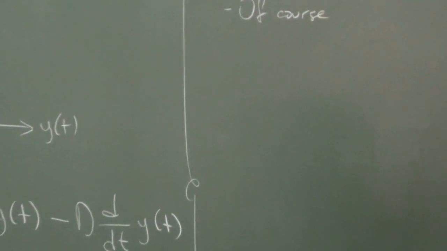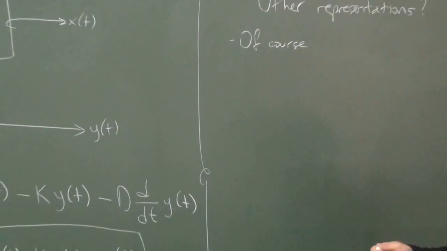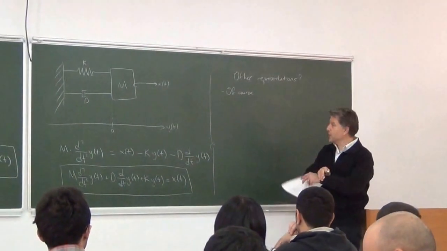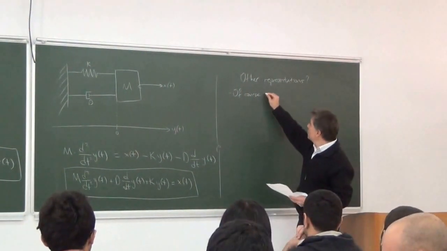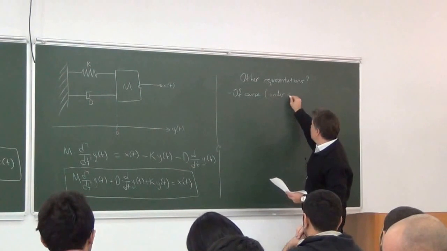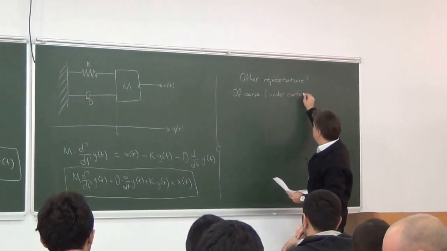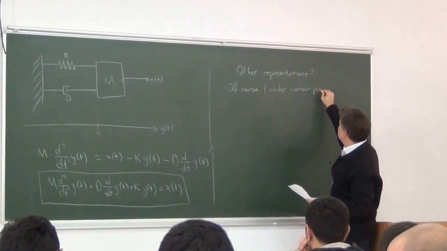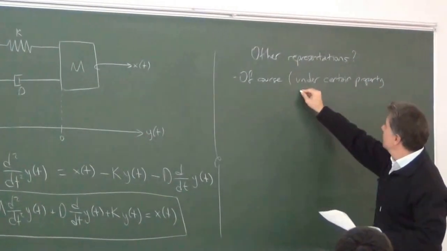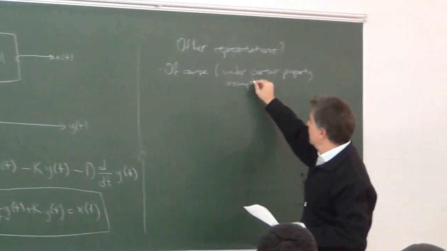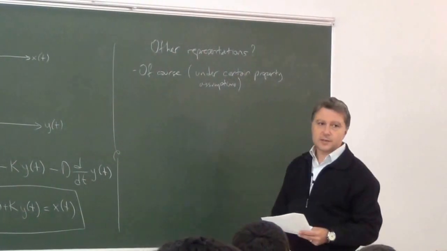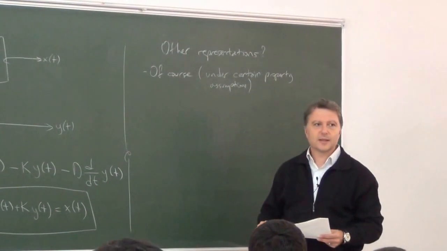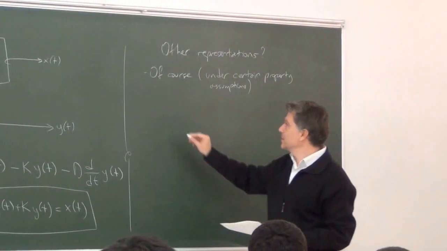Otherwise you need to have input-output relations, and not every input-output relation is as simple as a differential or a difference equation. This of course under certain property assumptions must be elaborated, and for that we must list the properties that we can measure for systems.